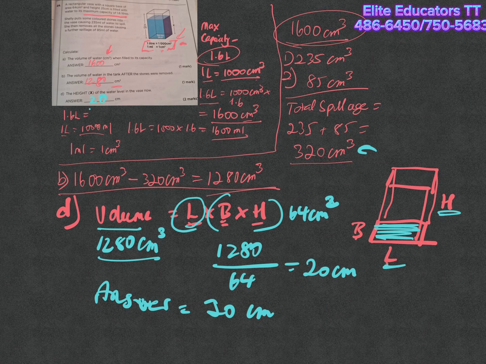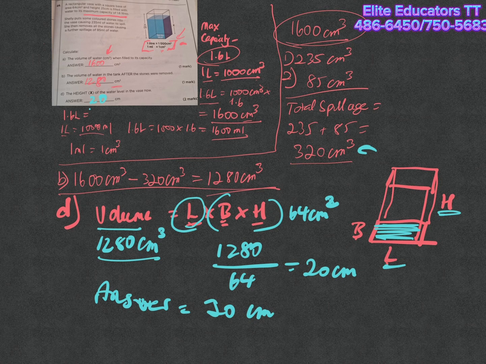So 20 centimeters, right? Just a recap. The first one is converting 1.6 liters to centimeters cubed, a smaller unit. Remember, 1 liter is 1,000 ml, so 1 liter will be 1,000 centimeters cubed as well. So 1.6 multiplied by 1,000, we get 1,600 centimeters cubed. The second one is we take the total amount minus the spillage.